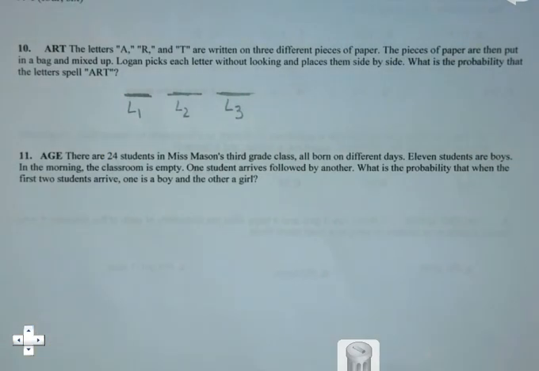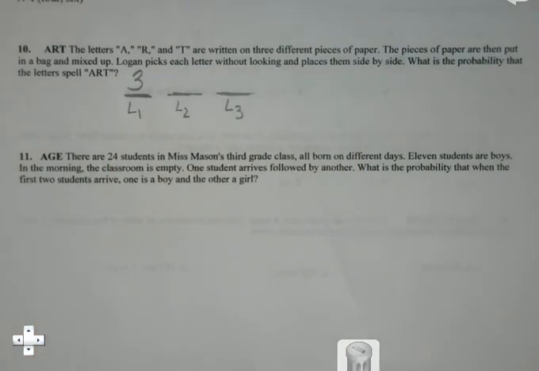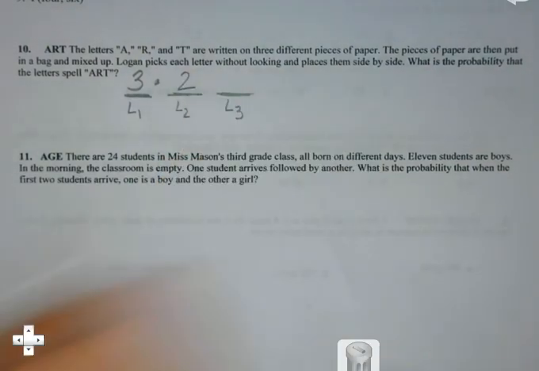I've got 3 letters. If I put them in a bag and I can't see them, what are my possibilities of getting any of the 3 letters on my first draw? I have 3. I might get A, I might get R, I might get T. But depending on what I get, that's going to be out. So when I get to the next one, I'm only going to have 2.